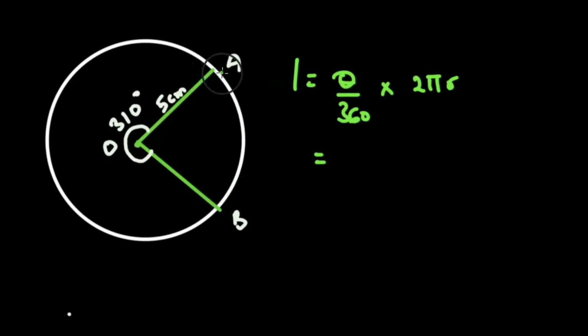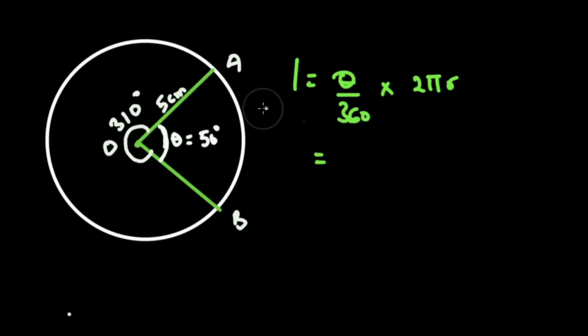In order for us to find the length of the arc AB, we have to make use of the angle that AB subtends at the center, and that would be this angle right here. We have to make use of this angle as our theta. We know that the sum of angles at the center is 360 degrees, which means that angle theta will be 360 minus 310, which is 50 degrees.